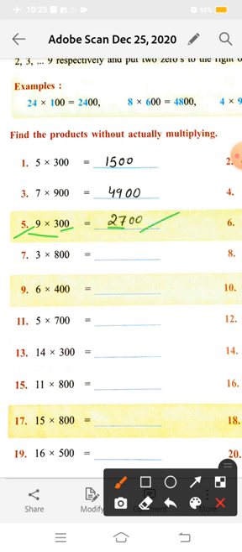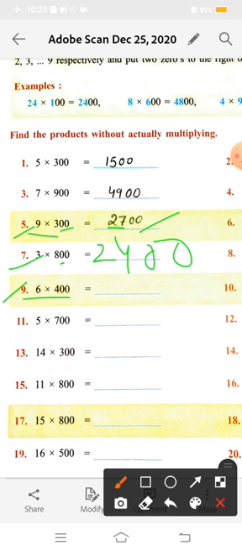Look here at question number 7. 3 multiply by 800. It means we should multiply 3 into 8. So 3 eights are 24. Okay, again we have 2 zeros, then put here 2 zeros. Okay, now see number 9. 6 multiplied by 400.